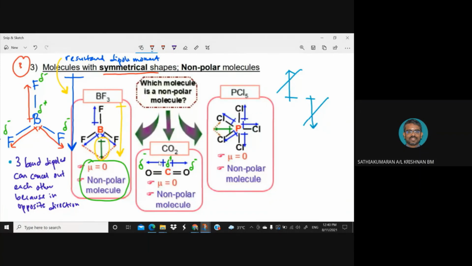Now, can these two bond dipoles cancel out each other? When can they cancel out each other? In an opposite direction, up, down, or left, right.